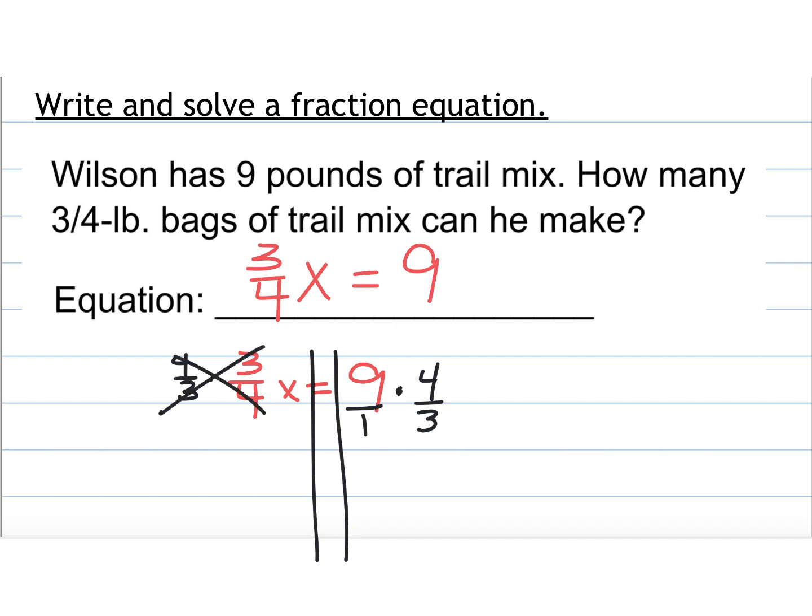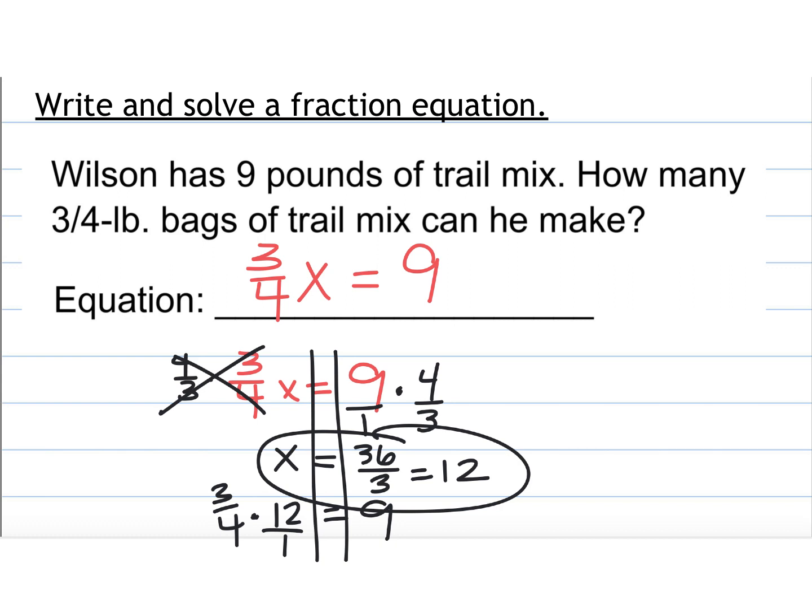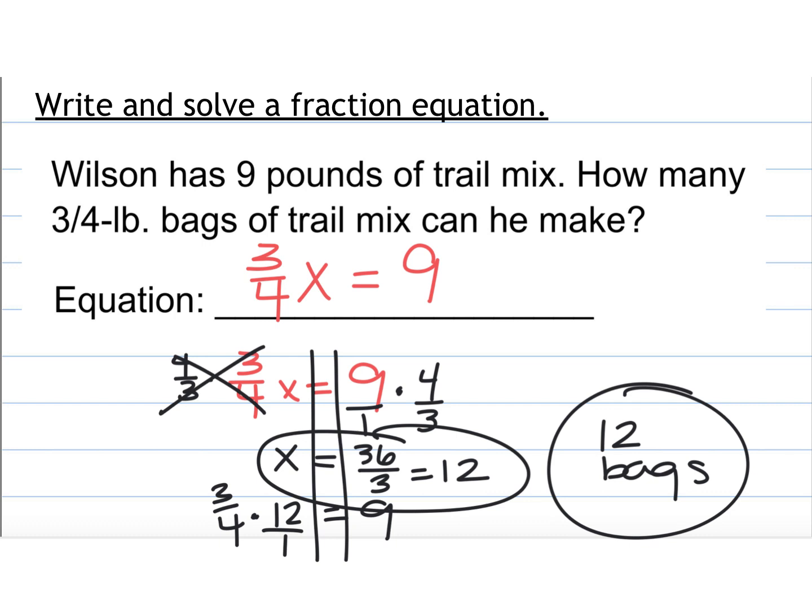So that cancels to 1, so we just have x equals, and then 9 times 4 is 36/3 equals 12, and then 3/4 times 12 equals 9, and I actually really do want to check. 3 times 12 is 36, divided by 4 is 9, so then x does equal 12. So then my answer would be, because it says how many 3/4 pound bags, so my answer then would be 12 bags.